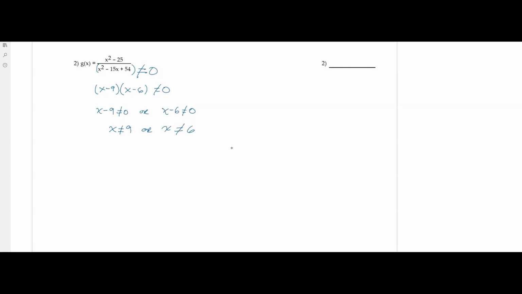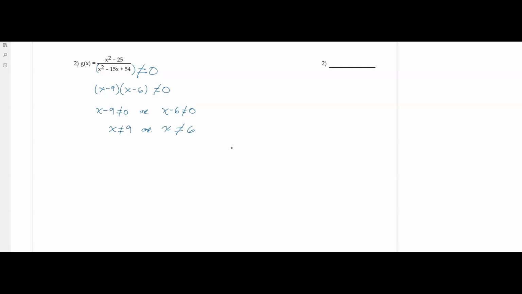Beautiful. So now we have two values that make the rational expression undefined, meaning that if we plug in 9 or 6, this g of x is going to be undefined. Okay, so let's express it.